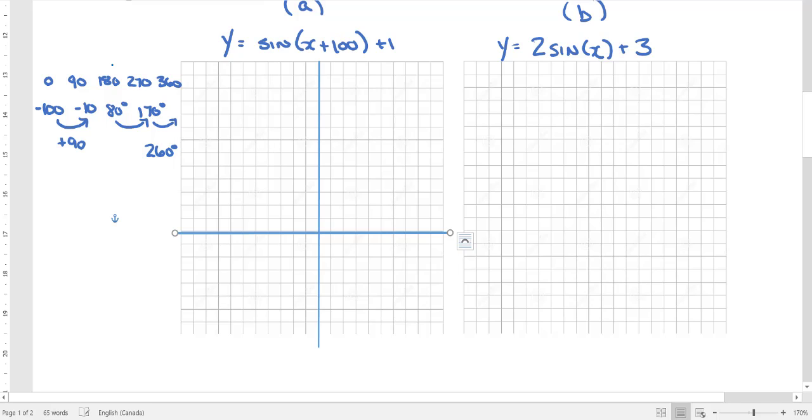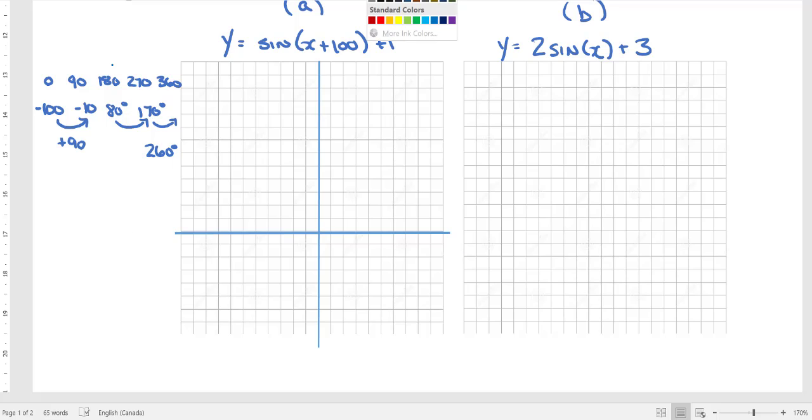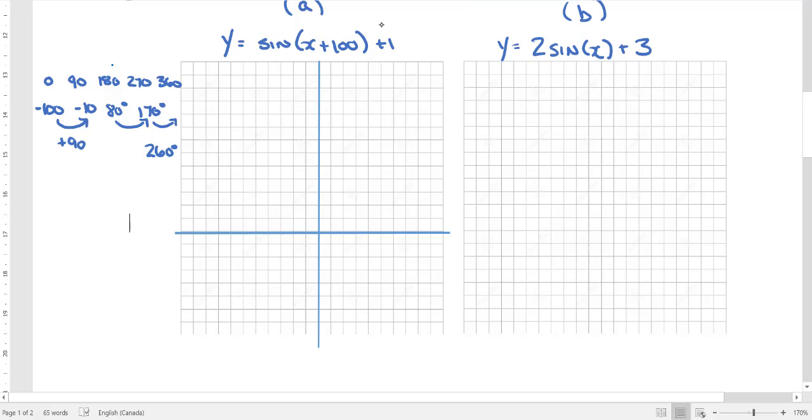All right, so I'm going to start with my graph, and I'm going to write in my values that I need to have. So I'm going to start at negative 100. So let's say my negative 10 degrees was right here. So I'm going to start just a little bit off the center with negative 10, and I'm going to go back.